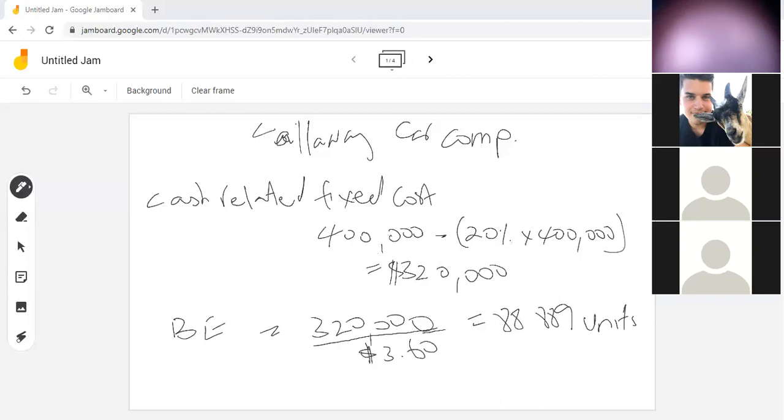Its contribution margin price for each unit is $40. How many units does the firm need to sell to reach its cash break-even point? So there's not a lot to it. Let's just quickly do it together so we can move on to the other two questions.